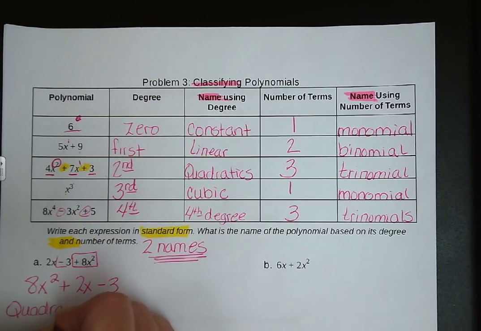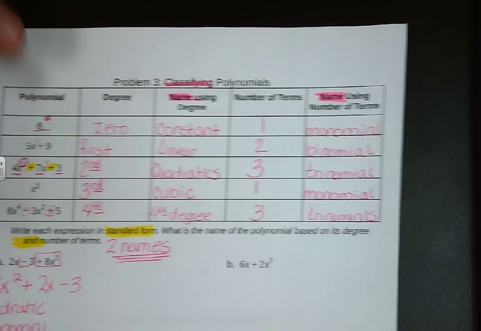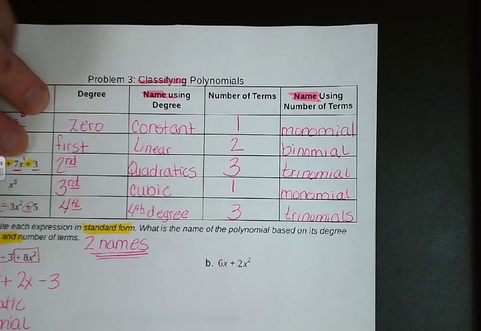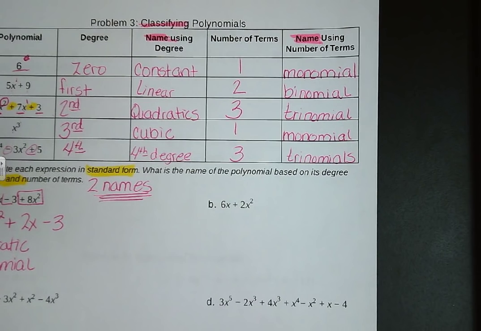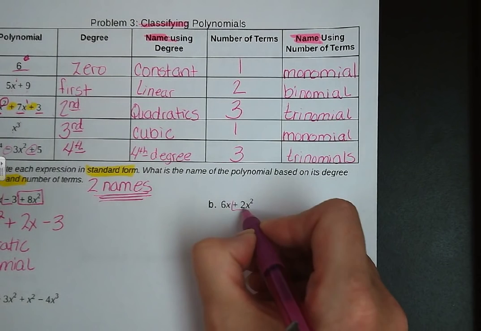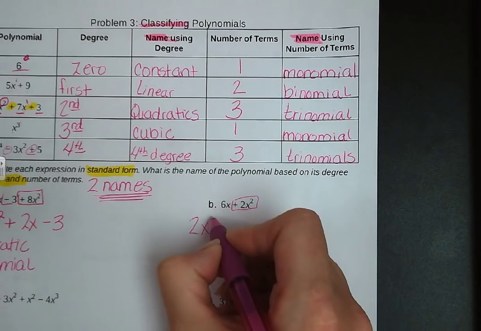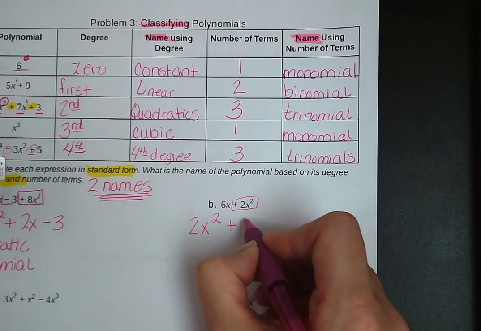Its highest degree is 2, and it has 3 terms, quadratic trinomial. All right, letter B, 6x plus 2x squared. So our x squared term is going to come first, plus 6x.